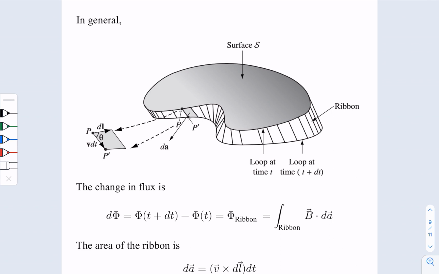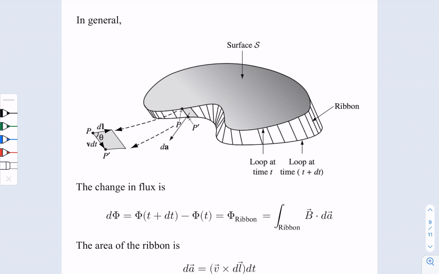So now, if you want to get the area difference between the top surface and the bottom surface, what you get is simply the area around the edge. Only this area around the edge will be related to the change of the flux.